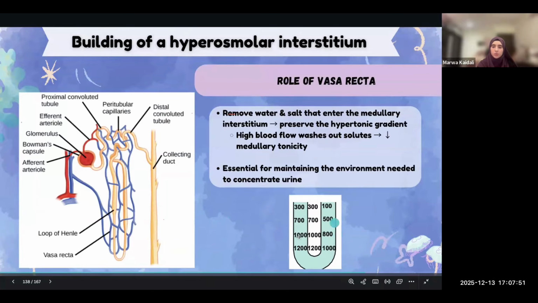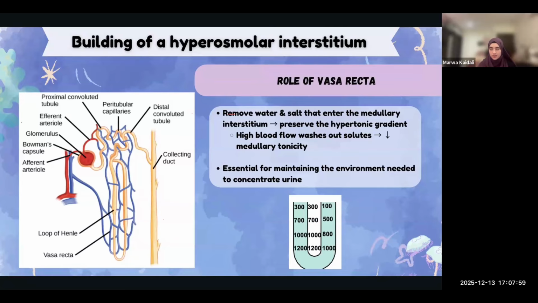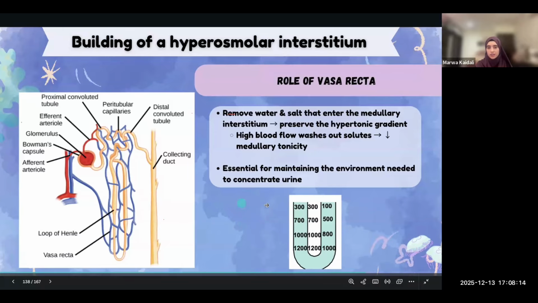We know how we had reabsorption occurring in the interstitium, so it's going to remove any excess so the cycle can keep on going. That's all you need to know. It's just going to maintain the environment that is needed to concentrate the urine. It's going to preserve the hypertonic gradient, basically. You don't need to know much about the vasa recta, that is it.